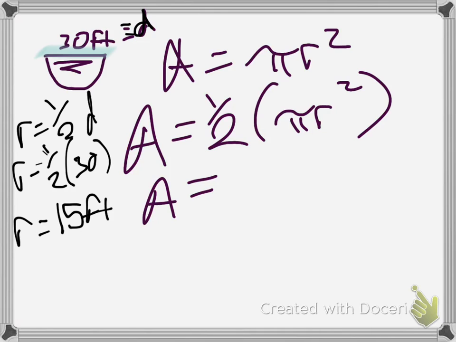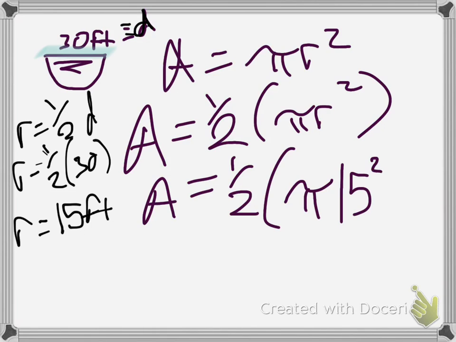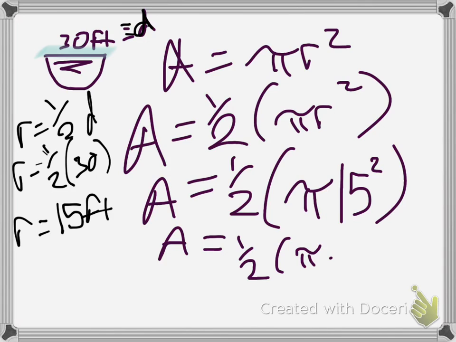So I'm going to plug that in. My area equals 1/2 times pi times r squared, with r equal to 15. 15 squared is 225, so 1/2 times pi times 225.